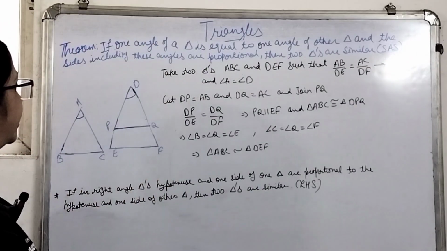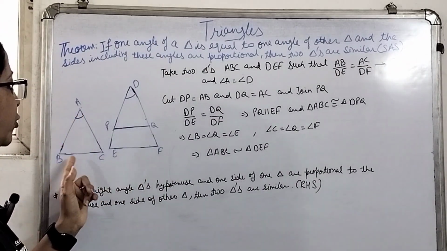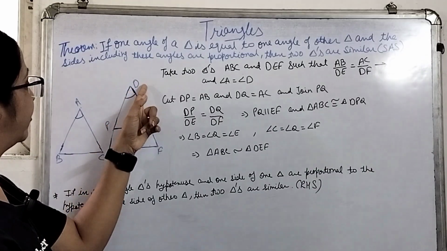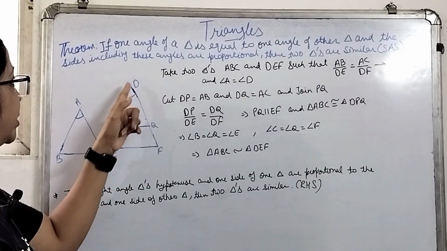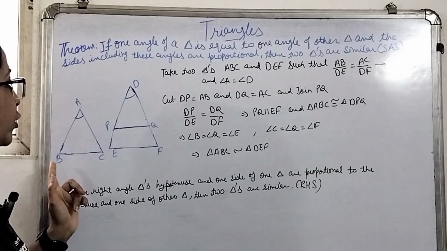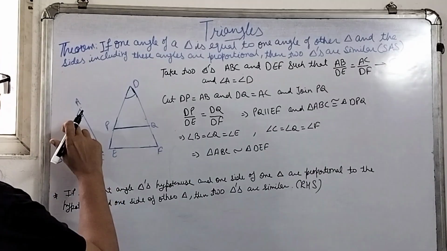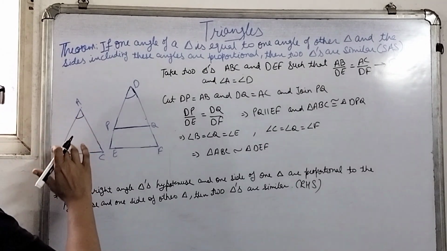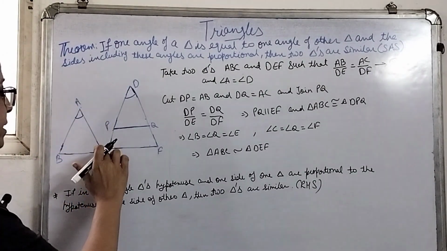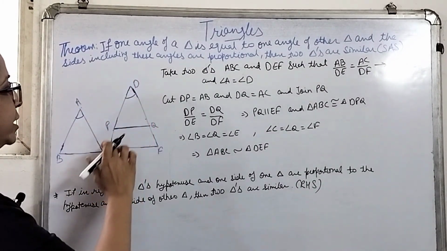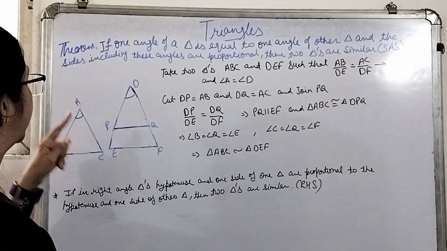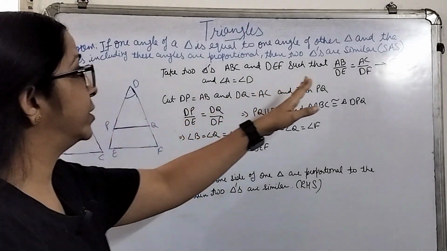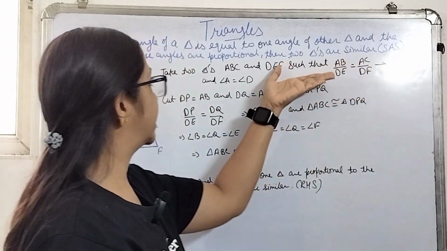So what we have taken is two triangles, one is ABC, another triangle we have taken as DEF, in which again DE is greater than AB. Here the angle A is given equivalent to angle D, and this angle is included between the sides AB and AC, and this angle is included between the sides DE and DF. So the ratio of these two sides is given equal to us.